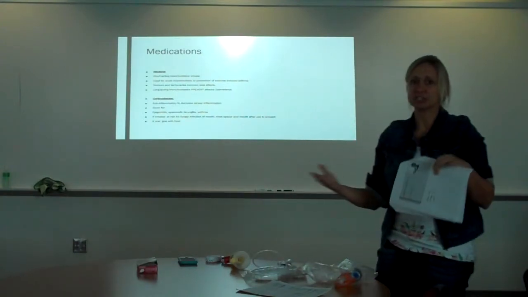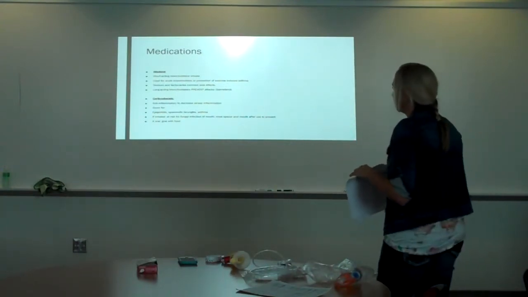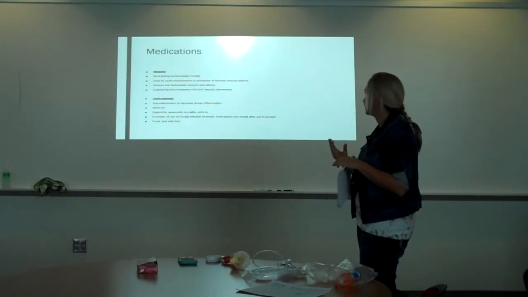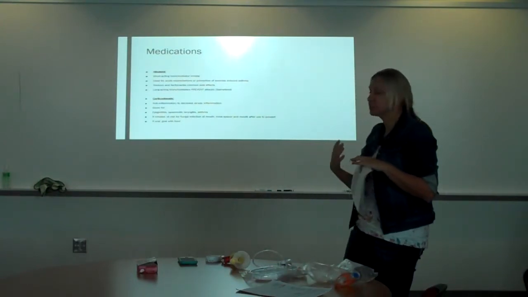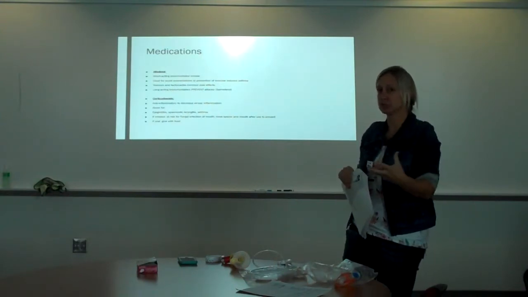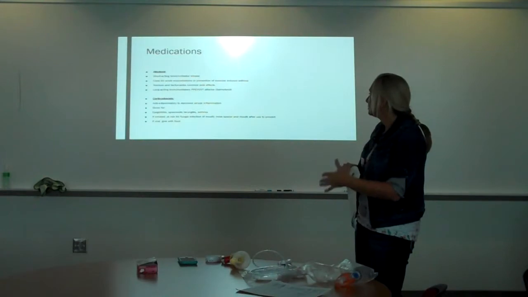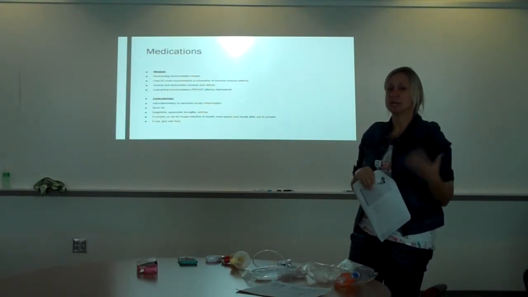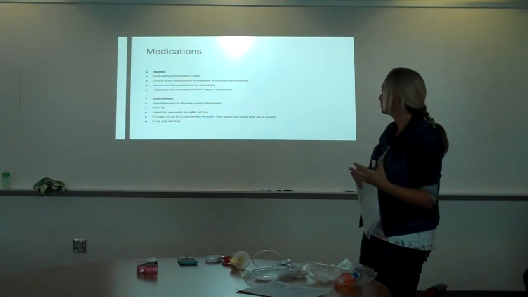If you have asthma yourself, you probably have a rescue inhaler at home. It's a short-acting bronchodilator used for acute exacerbations or prevention of exercise-induced asthma. So if exercise is one of your triggers. Tremors and tachycardia are common side effects. So you're going to want to educate the patient that increased heart rate and tremors is normal.